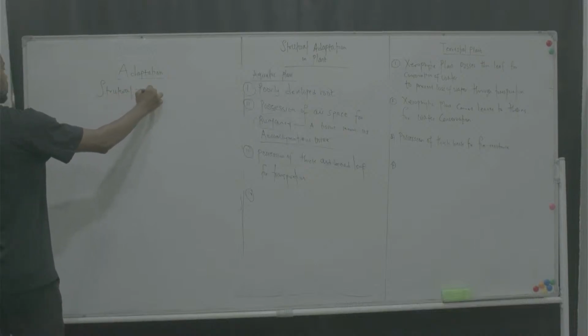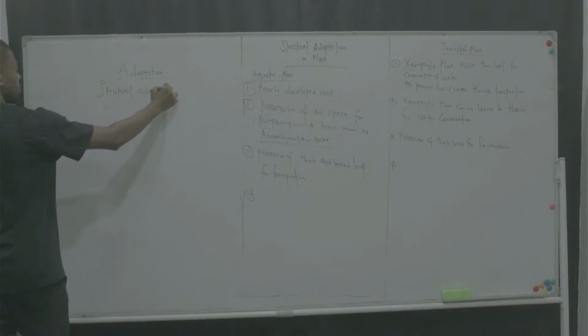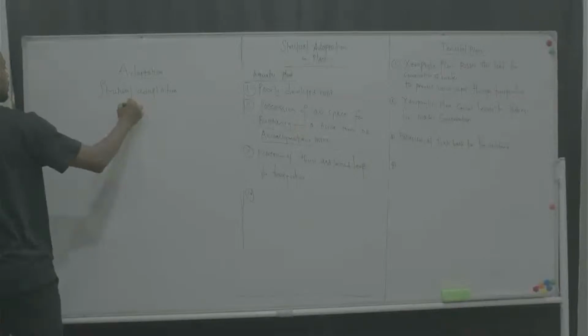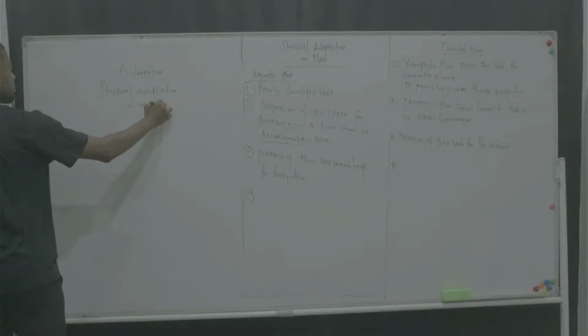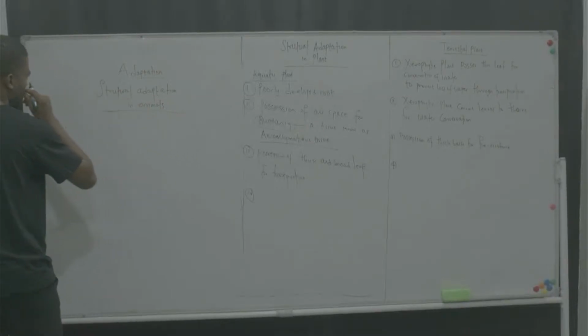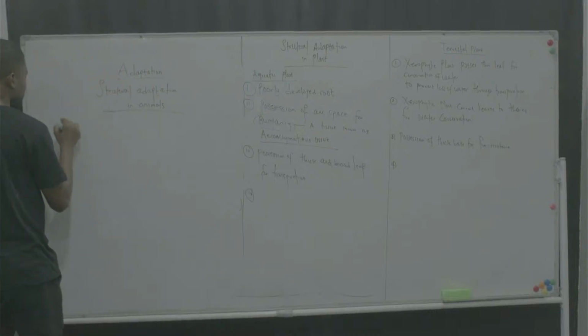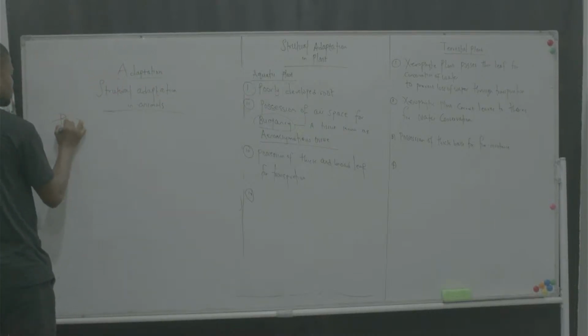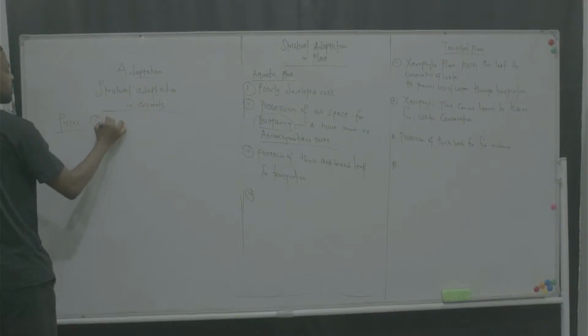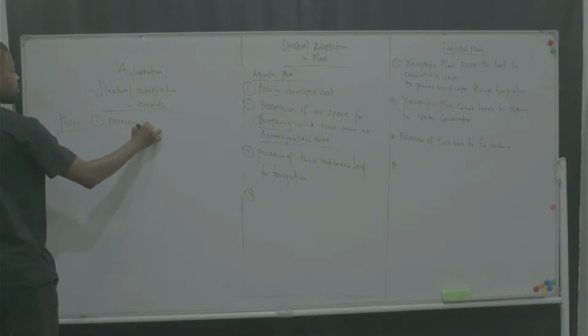Structural adaptation in animals. So the first one we want to talk about is your Pisces. The first thing is possession of gills. Possession of gills for what?